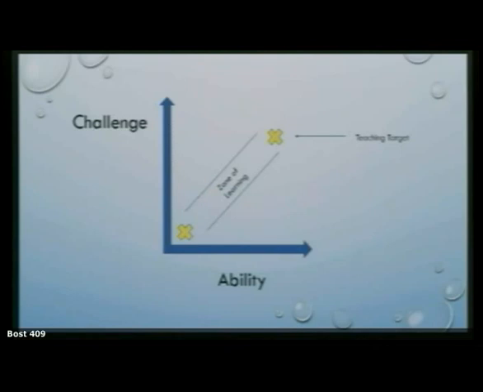Here's a simple illustration of challenge versus ability. This X represents the youth's starting point. This X represents what we hope to be the teaching target.